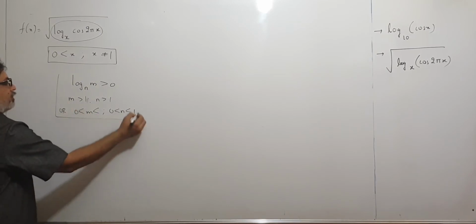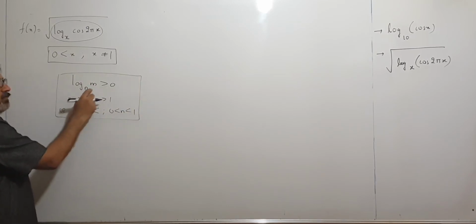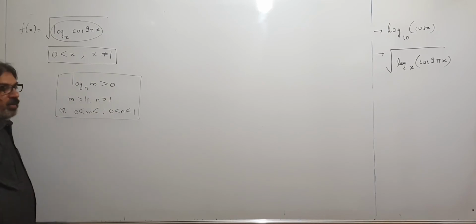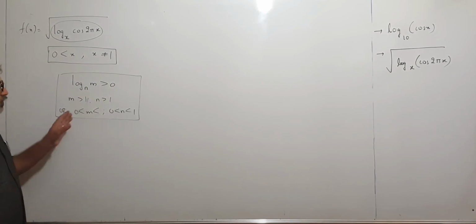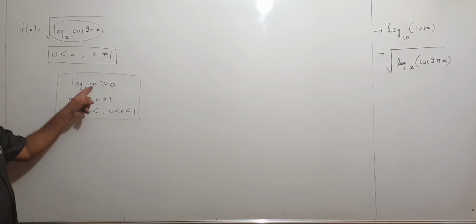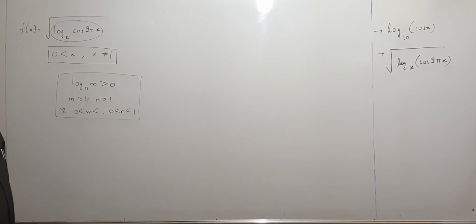These two things I told you. If both are greater than 1, then it is positive. And when both are between 0 and 1, then also it is positive. This formula I gave you at the beginning, by graph I told you.